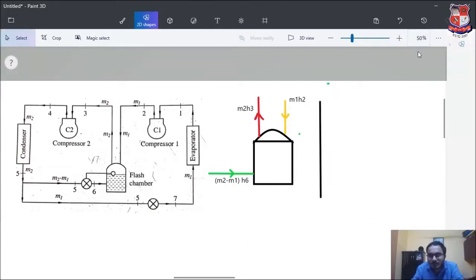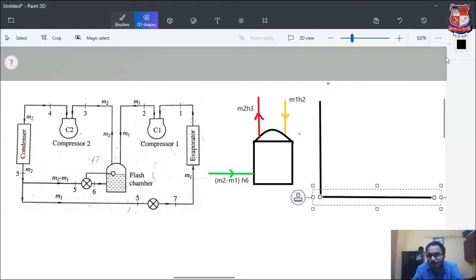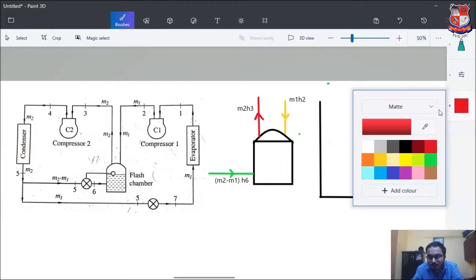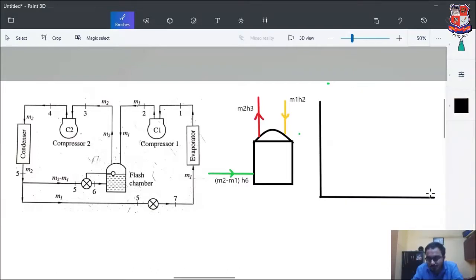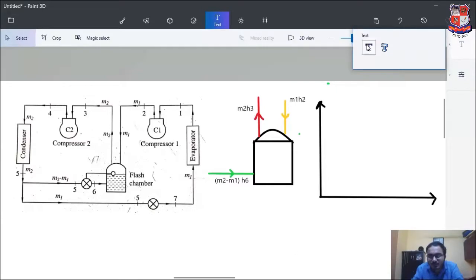Then we will have the enthalpy line, that is horizontal. And we can also write the names of the axes.